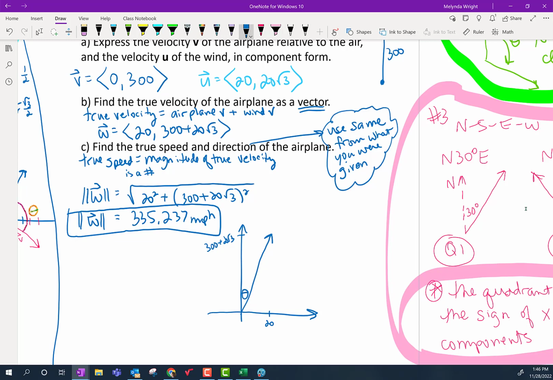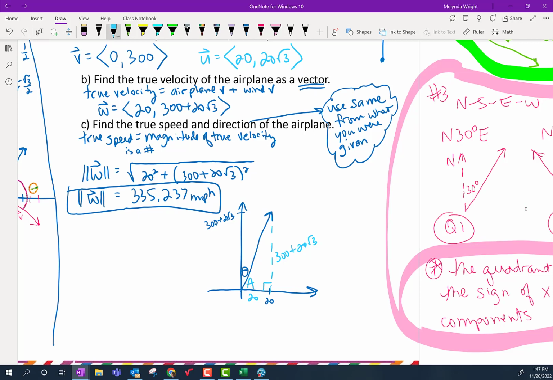That's my direction, because we'd have to do north, south, east, west business. I want that angle, but I need to do a little bit of work to get it, because I need to use this right triangle. So I'm going to call this angle A and find angle A inside the triangle. We know this is 20 this way, and this is 300 plus 20 root 3.